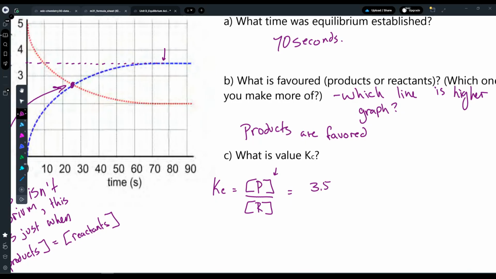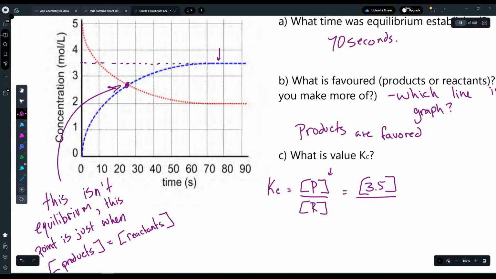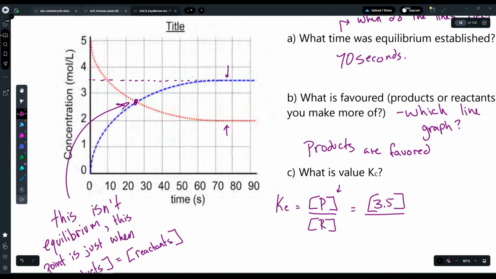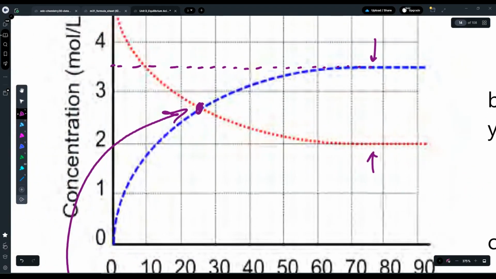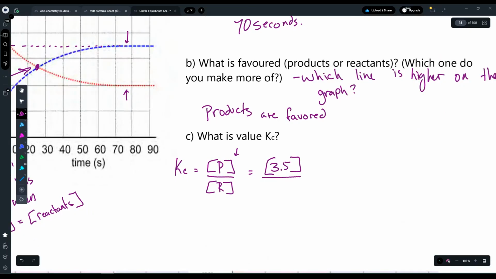However, because we don't have a balanced chemical reaction to pull our coefficients from for our exponents, I'm just going to leave it at 3.5, divided by our reactants, which are at a concentration of 2. By the way, this is 2 moles per liter and 3.5 moles per liter here.